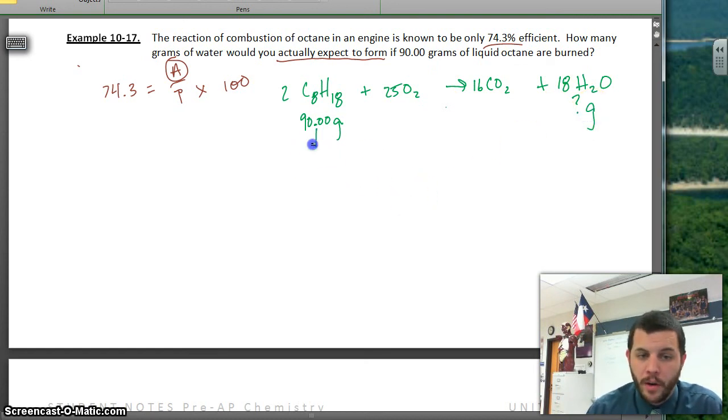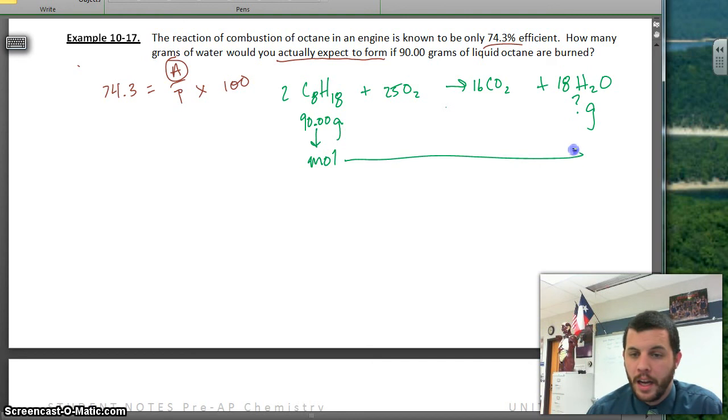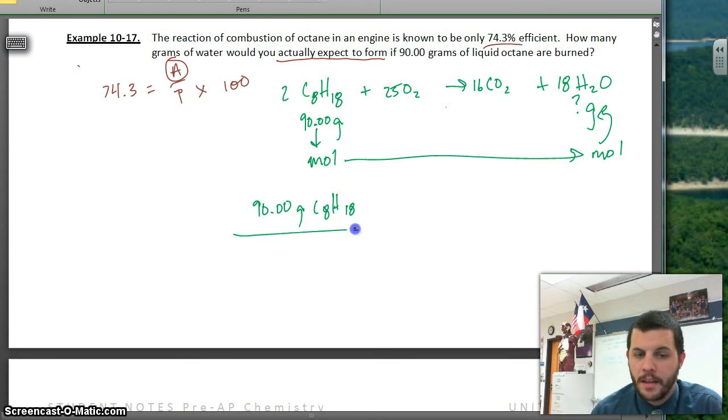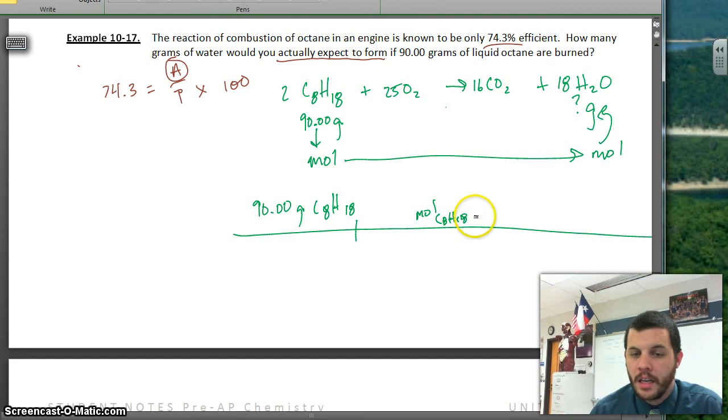So we're going to go grams to moles, moles to moles, and moles to grams. I'm going to build my T-chart: 90.00 grams of C8H18, then moles of C8H18, then moles of H2O, and then grams of H2O. Bring everything down.